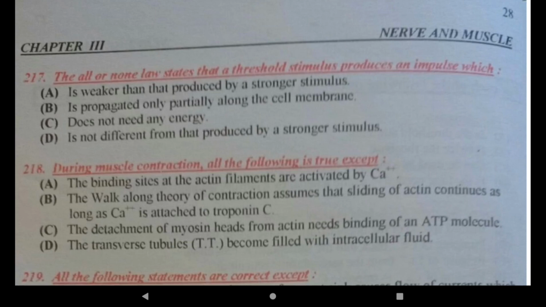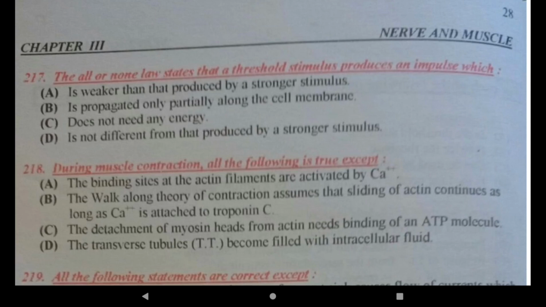C. does not need any energy. D. is not different from that produced by a stronger stimulus. Now, the all or nothing rule simply states that the size of an action potential is independent of the size of the stimulus.